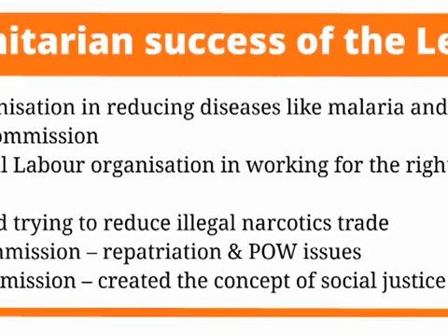The Opium Board tried to reduce the illegal narcotics trade worldwide. A whole lot of things that we think of as happening in the 80s and 90s, they were doing back in the 20s and 30s. The Refugee Commission looked at prisoner of war issues and repatriation of people that had fled during World War I, and the Slavery Commission tried to improve workers' rights and make sure that people weren't being traded as slaves.